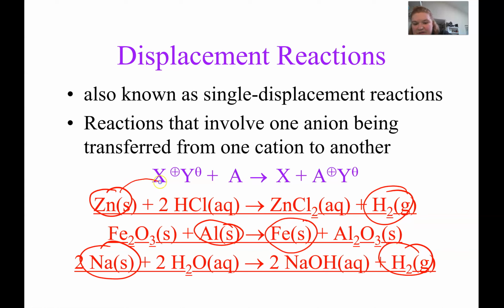So for example, our zinc switches places with hydrogen, our aluminum is switching places with the iron, and our sodium is switching places with the hydrogen. So in all 3 of these reactions, one element is displacing another element. So that's the single displacement.